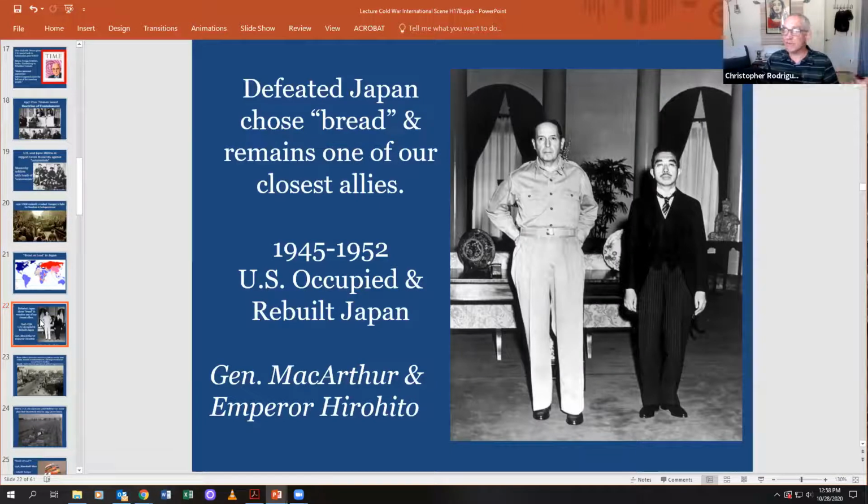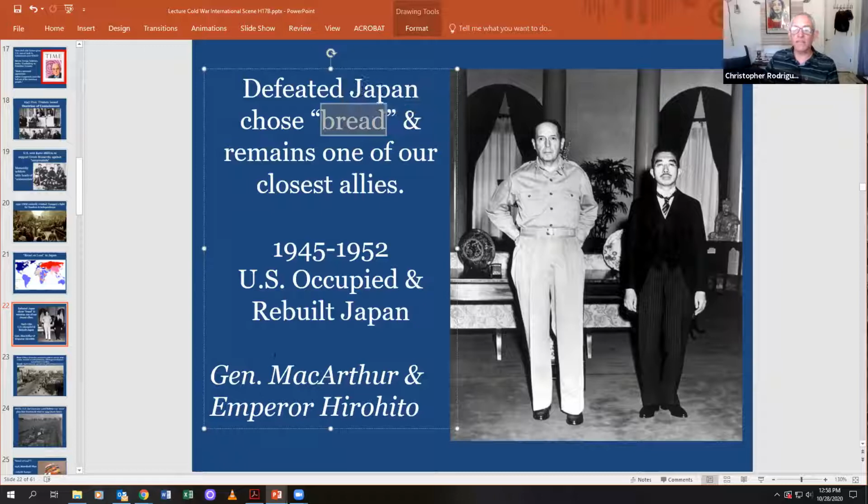And since then, Japan has been one of our closest allies in Asia and the world. And along with that bread came a massive influx of investment from the United States to Japan to rebuild it. So from 1945 to 1952, basically General MacArthur headed the rebuilding of Japan.